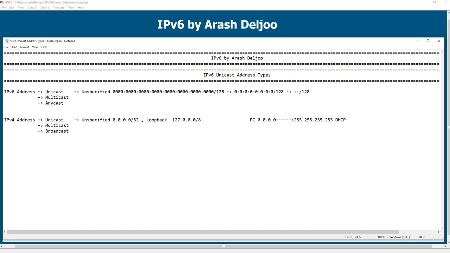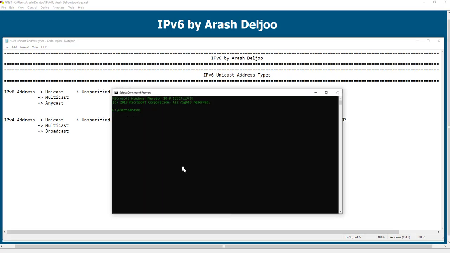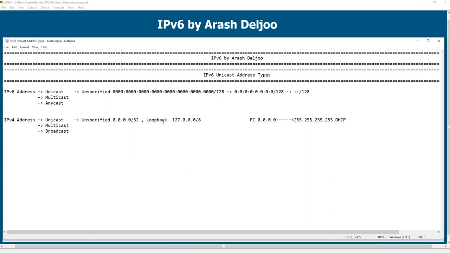For example, 127.0.0.1. Look here. This is the CMD of my PC. Ping 127.0.0.1. Now we can see the ping reply. This means that TCP/IP version 4 is installed in this system, and I can use this protocol suite. This is the loopback IPv4 address.